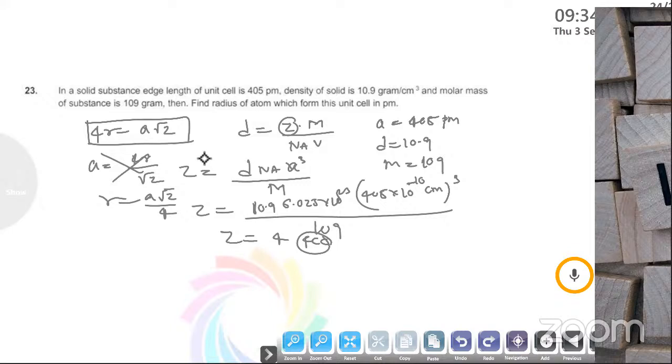Z equal to 4 means it is an FCC unit cell. If Z is equal to 2, it is a BCC, but we got 4, an FCC unit cell. In FCC, the relation between the radius and edge length is this. So now a is given, substitute the a value, then you can calculate the radius value. Okay, right. Next we'll move to the next question.